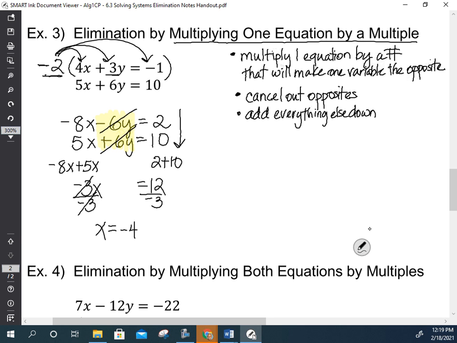Any questions? Because you still got to get y. So now that we know that x is negative 4, what do we do with it?